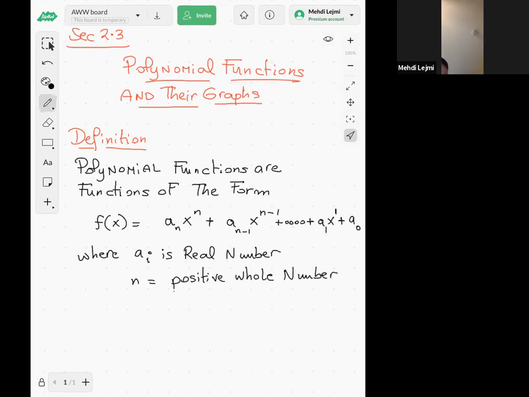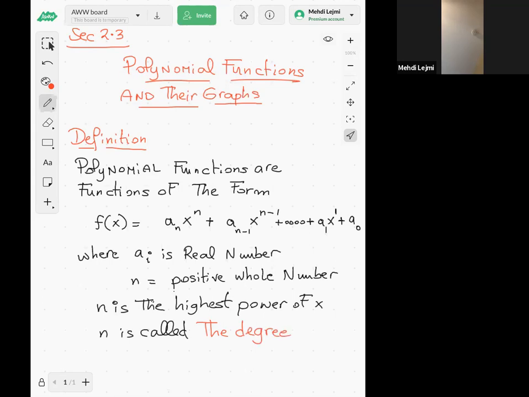This power n has a name. The n here is the highest power of x, and it is called the degree of the polynomial f of x.